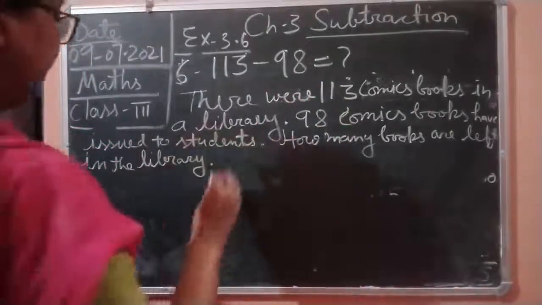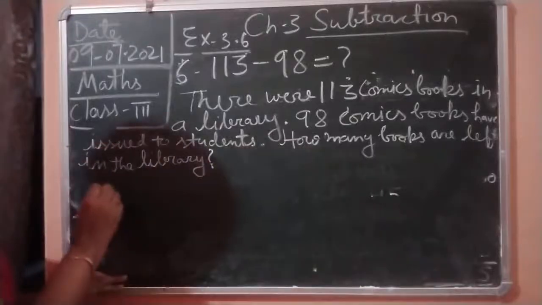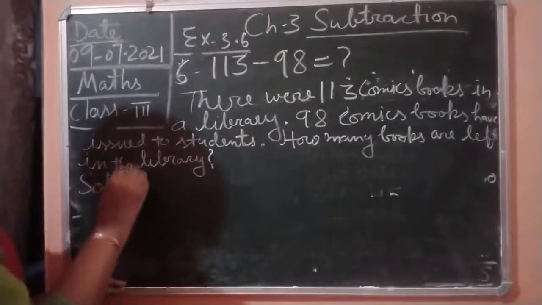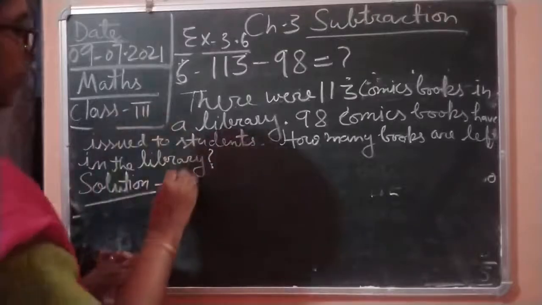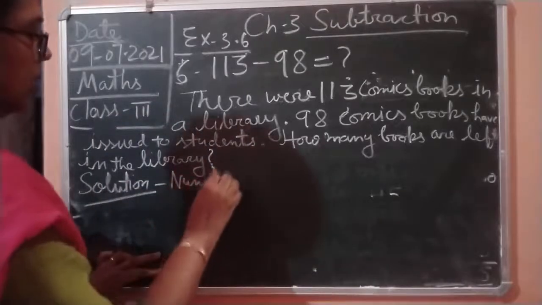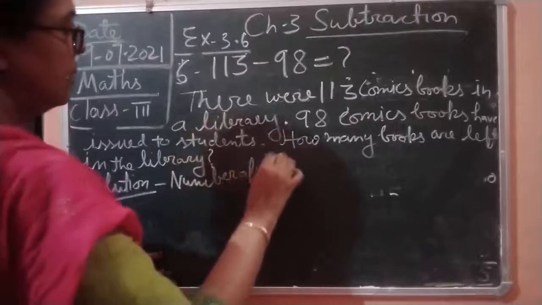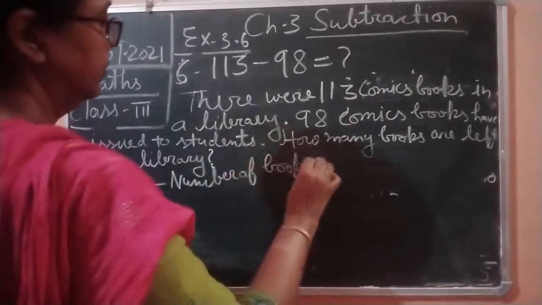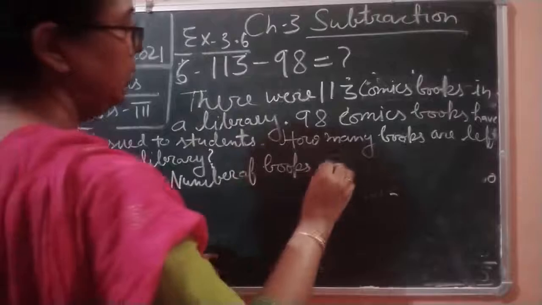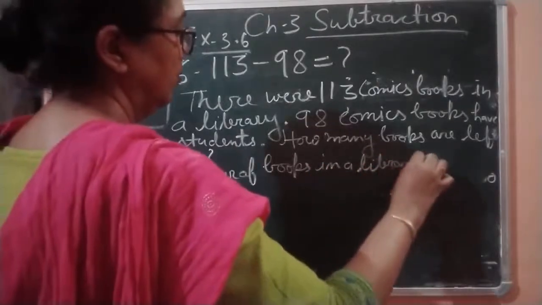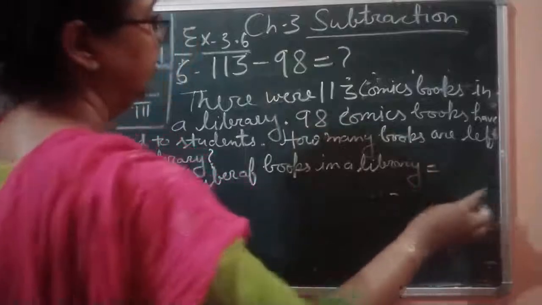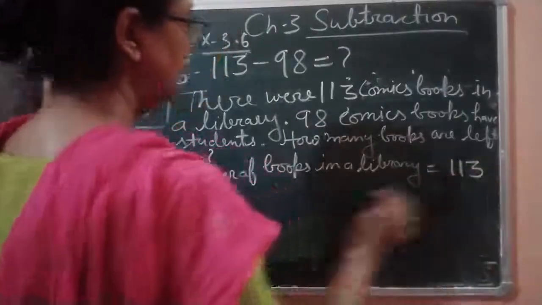So here we are going to start the solution. Solution करेंगे सबसे पहले. So number of books in a library equal to 113.